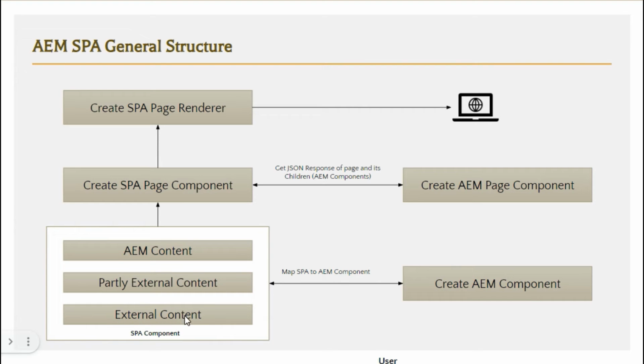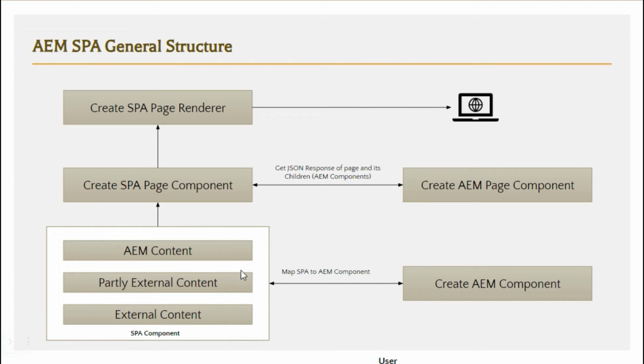First, the components which are completely dependent on external entities other than AEM. For example, there could be a single page application component which is dependent completely on the commerce system, and it may not have any requirement to get any data from AEM. Such kinds of components also will be there in single page applications.